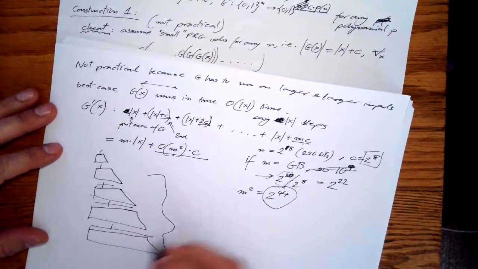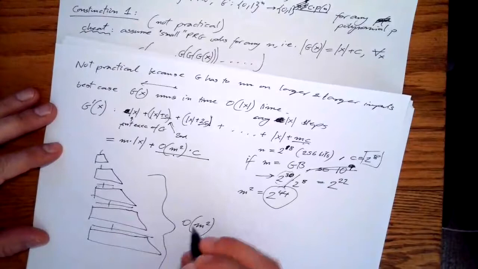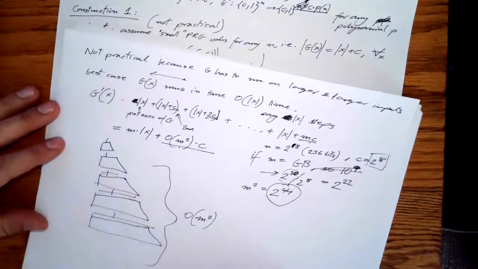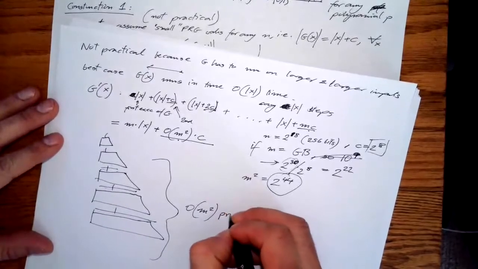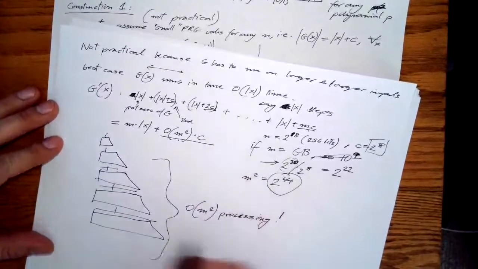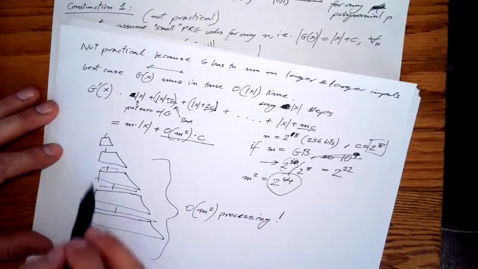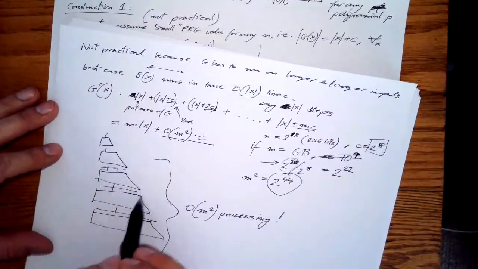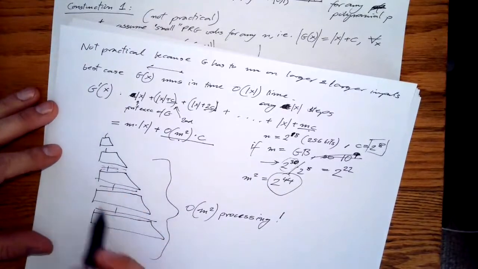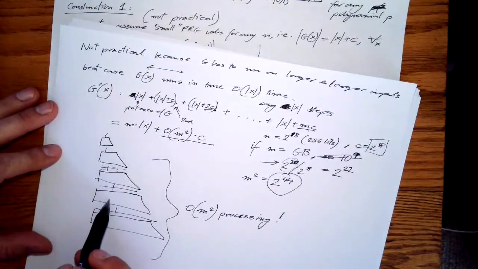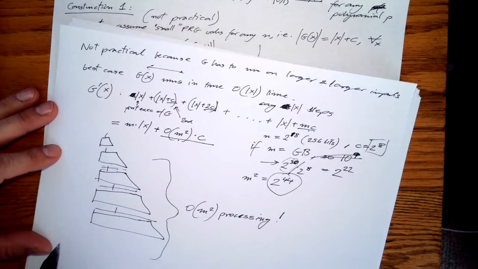So that's going to be quadratic in the number of rounds of this thing. So quadratic processing. Because yes, you have m rounds, but if each of them is just linear in its input, the inputs grow, the average input length here is half of m, and you're doing it m times.